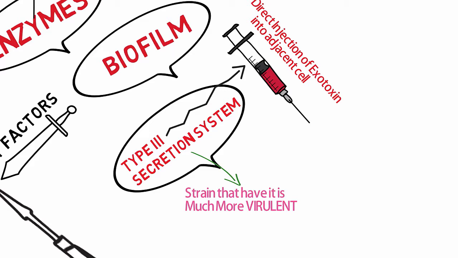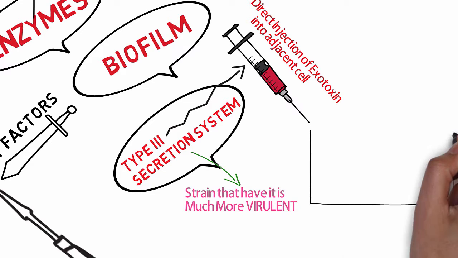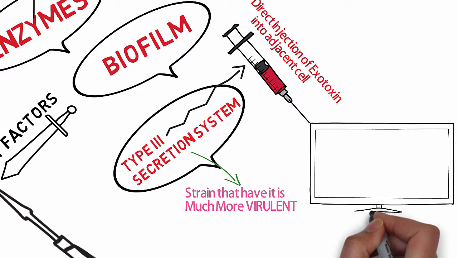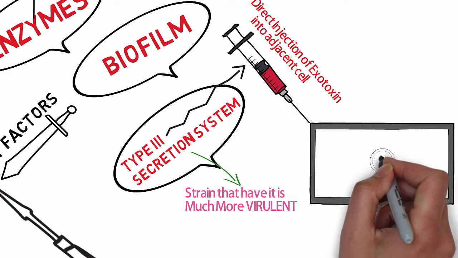In the type 3 secretion system, there are transport pumps in the bacterial cell membrane which mediate the transport of the toxin. And we can see how these transport pumps operate in this short clip.